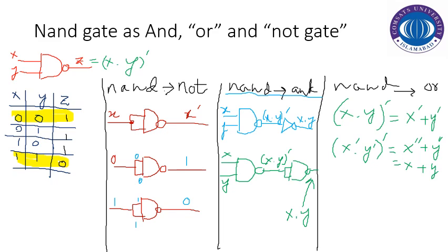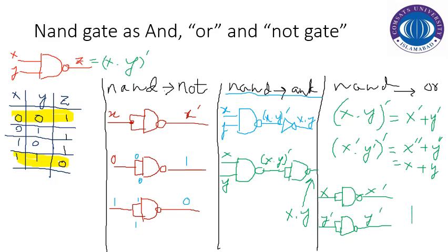So we will use first of all two NAND gates to invert the inputs. This is the first NAND gate as NOT gate. This is the second NAND gate as NOT gate. So that if I apply x here, I will get x prime, and if I apply y here, I will get y prime.